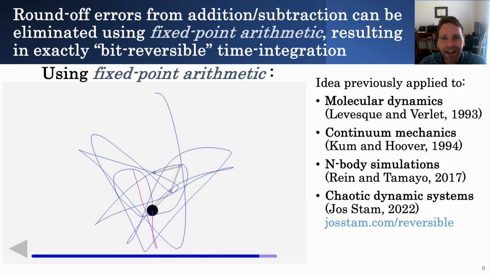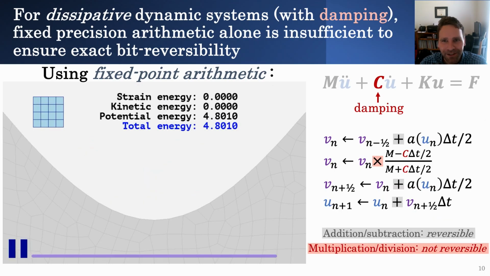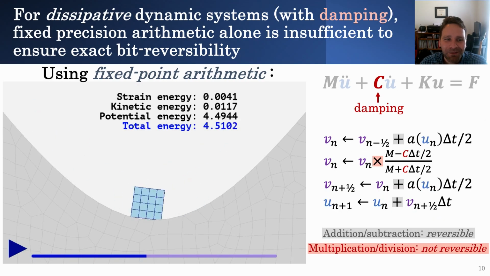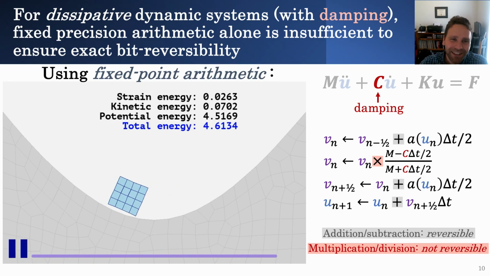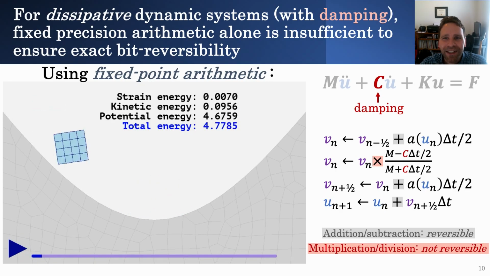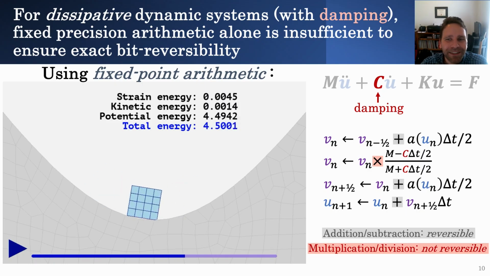Now, that whole idea breaks down as soon as you introduce any kind of numerical or physical types of dissipation in your problem. For example, damping. Consider a slightly different problem. Suppose I had a block, I put it in this well, and I let the block slide to the bottom of the well, and over time it settles at the bottom of this well because I'm applying some kind of damping to this problem.